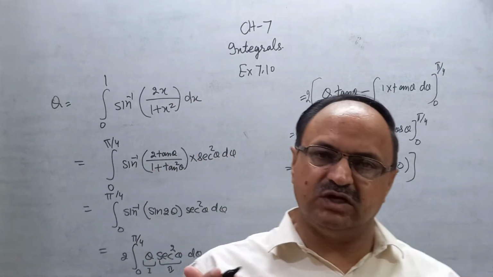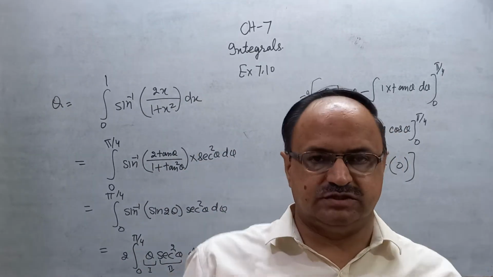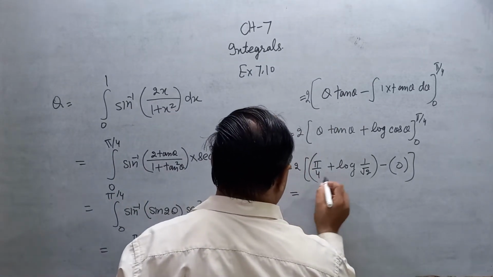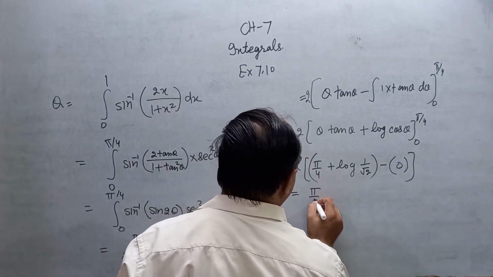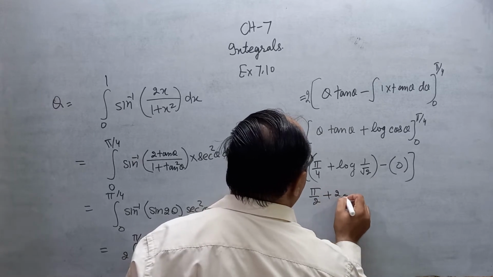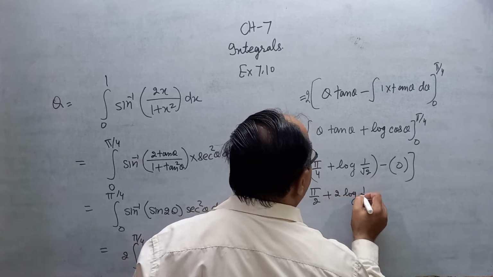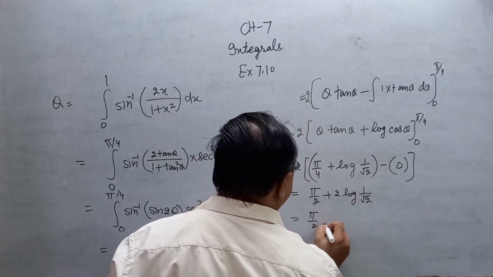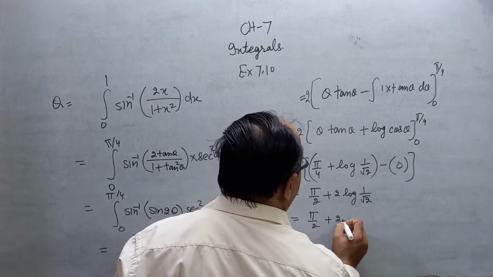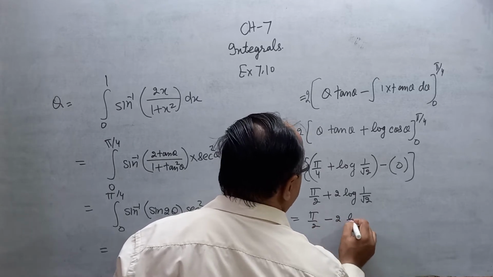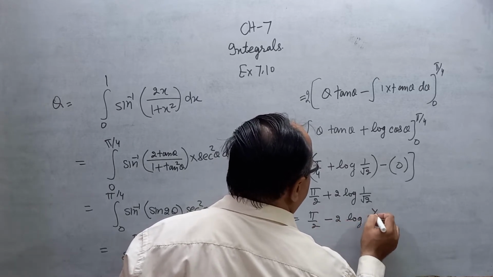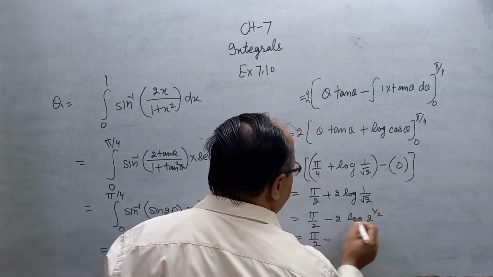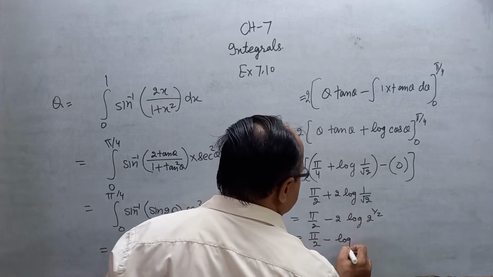Therefore, when you multiply, it is pi by 2 plus 2 log 1 by root 2. 1 by root 2 you can write as root 2 to the power minus half.